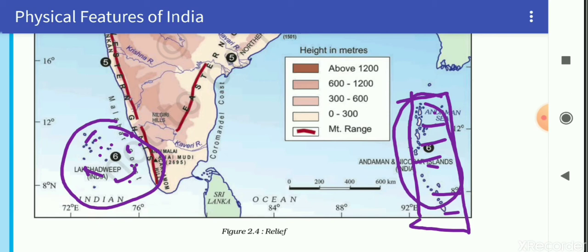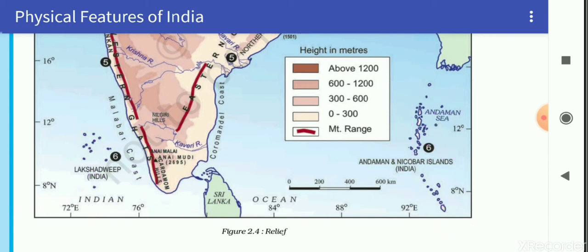Now the next point we can talk about for Andaman and Nicobar is extension. It means, according to latitude, how far it extends.